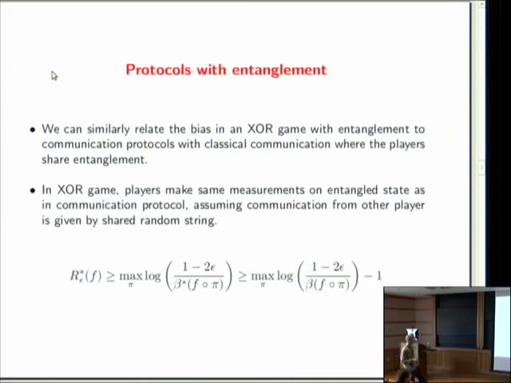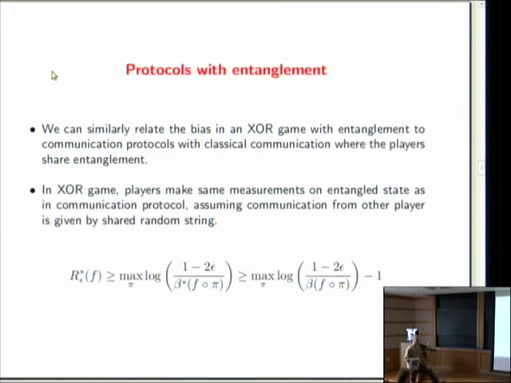And as we discussed earlier, it doesn't matter what order players do things. They're doing this independently, and that's fine. So the same argument gives that the randomized communication complexity with entanglement can be lower bounded by this quantity, where now I have the XOR bias with entanglement.